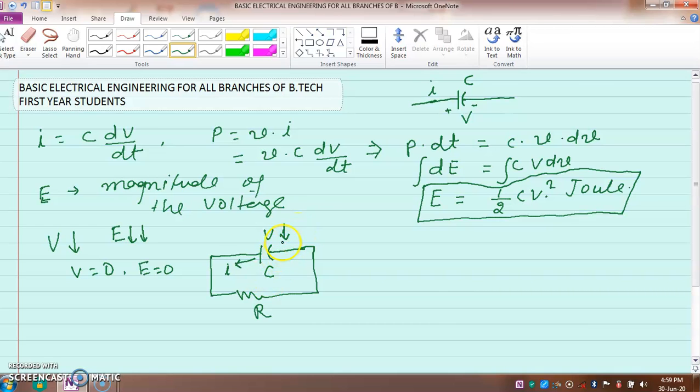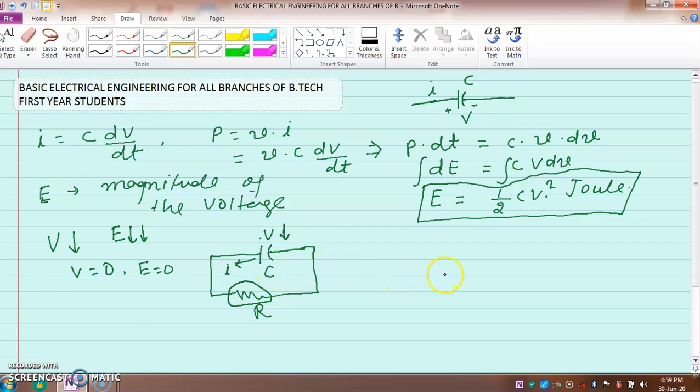And when this voltage decreases, the amount of energy stored in the capacitor is converted into heat energy in the resistor and dissipated in the resistance. So this much energy will be dissipated.